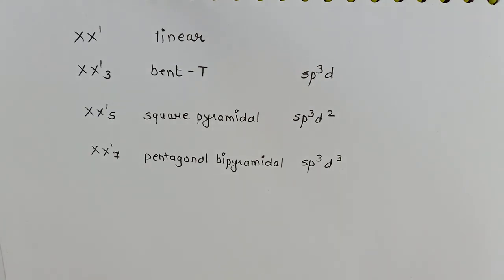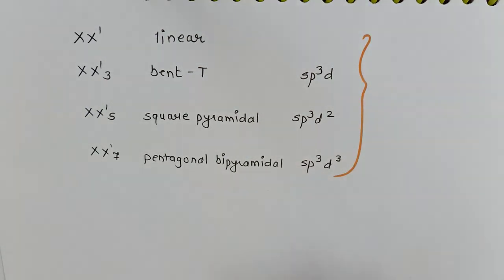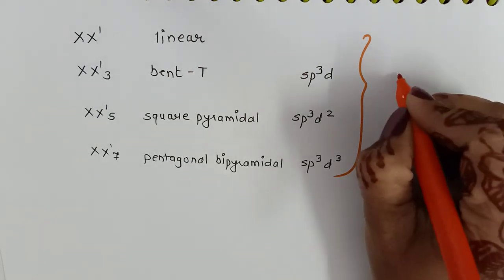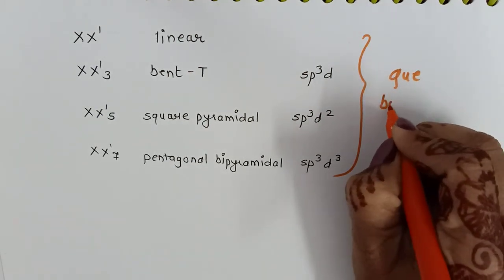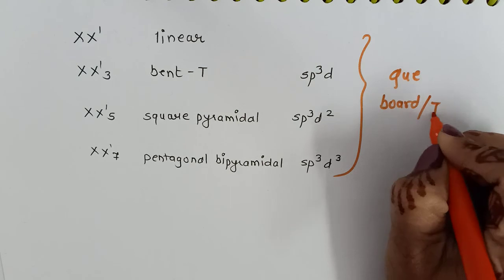So in today's video we have studied interhalogens, how they are prepared, their properties, and the most important, their structure and their hybridization. Remember, from this table you can expect a question surely in your board exam as well as in your JEE exam.